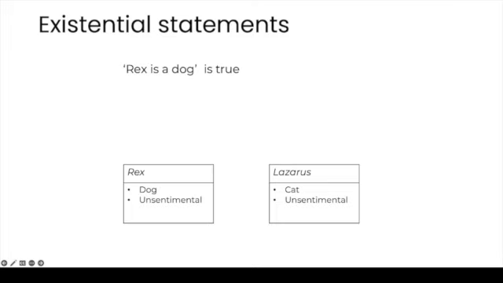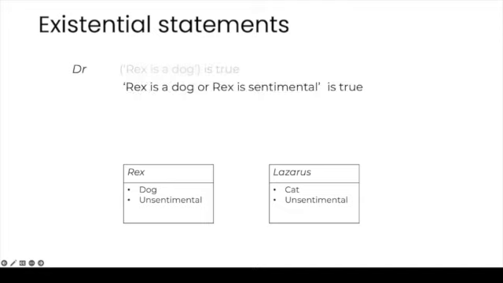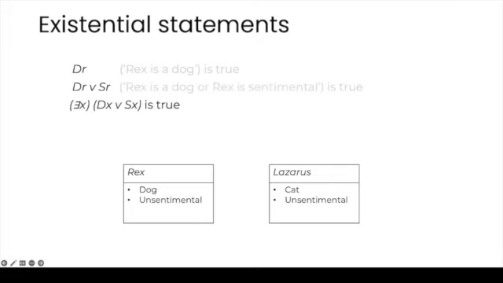So, "Rex is a dog" is true. If we symbolize it, we have Dr, which again is true. But if so, "Rex is a dog or Rex is sentimental" is true by the evaluation rule of the v. That means that this sentence is also true. Then "there is an x such that Dx or Sx" is true.